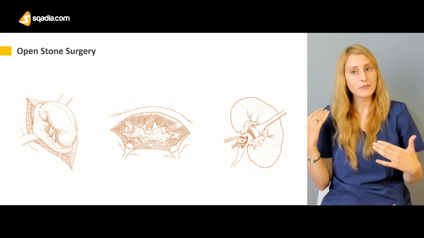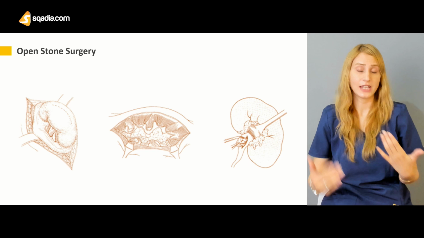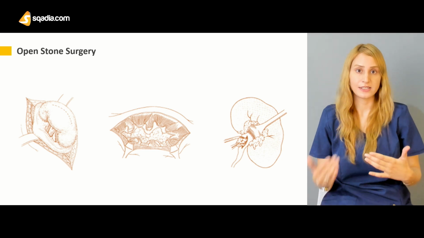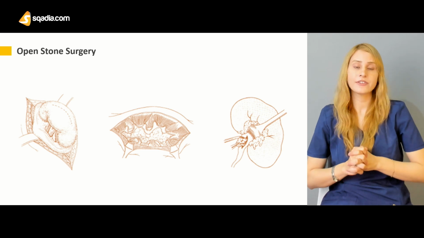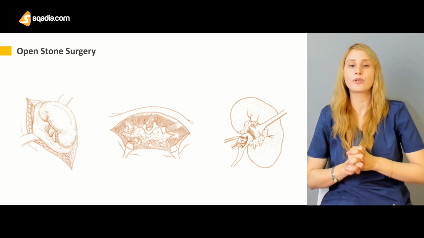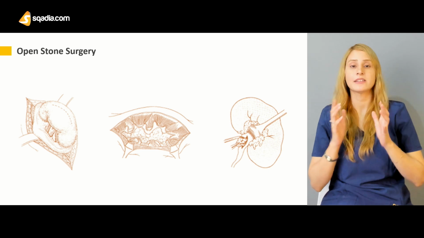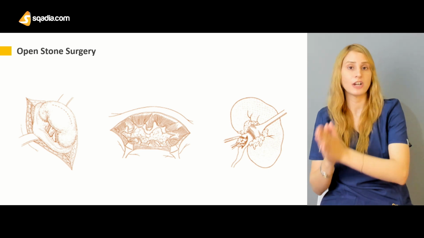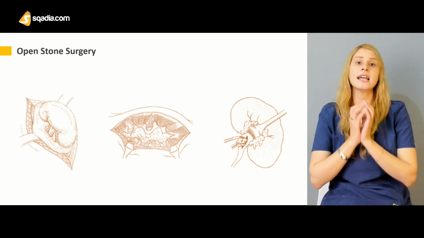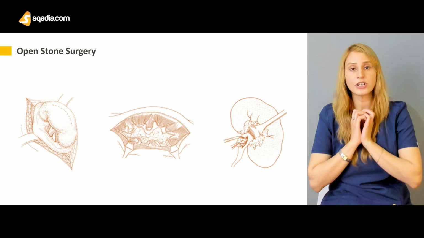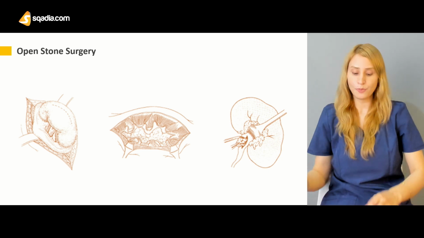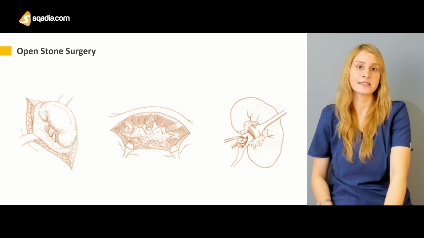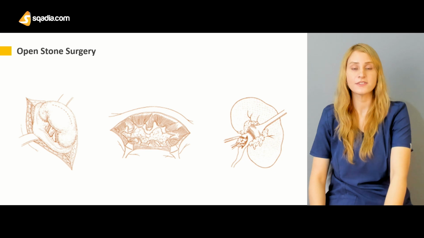The size of the stone will guide you towards medical or surgical therapy. Then the treatment options available for surgical management, like extracorporeal shockwave lithotripsy, we discussed their complications and contraindications, and we talked about ureteroscopy, open surgery, percutaneous nephrolithotomy, and pyelolithotomy. So that's all for today's lecture.